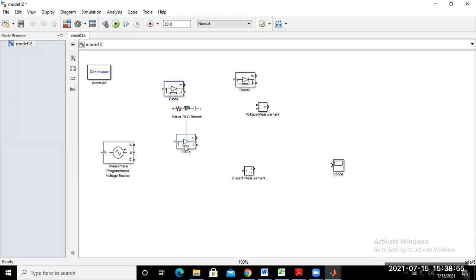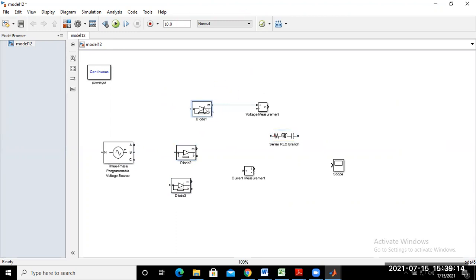So create 3 diodes and delete this one. Now connect the 3 diodes: diode 3, diode 2, and diode 1, across phase A, phase B, and phase C. This one is connected at this point, this one at this point, and this one at this point.